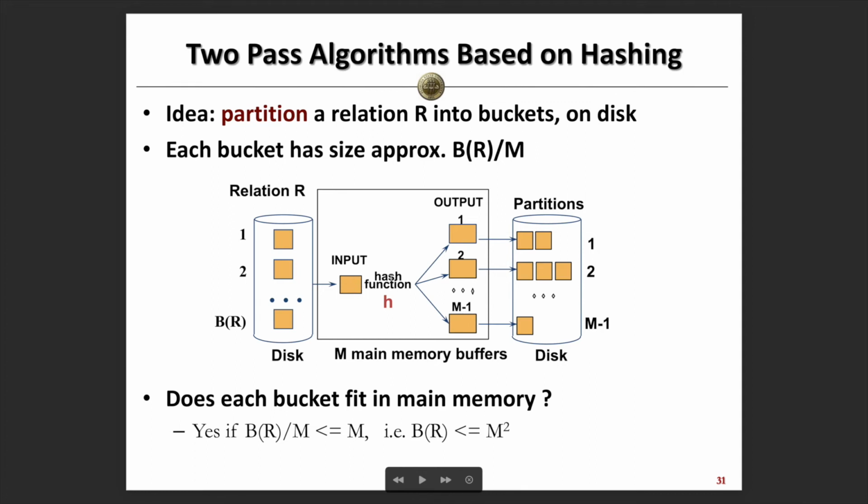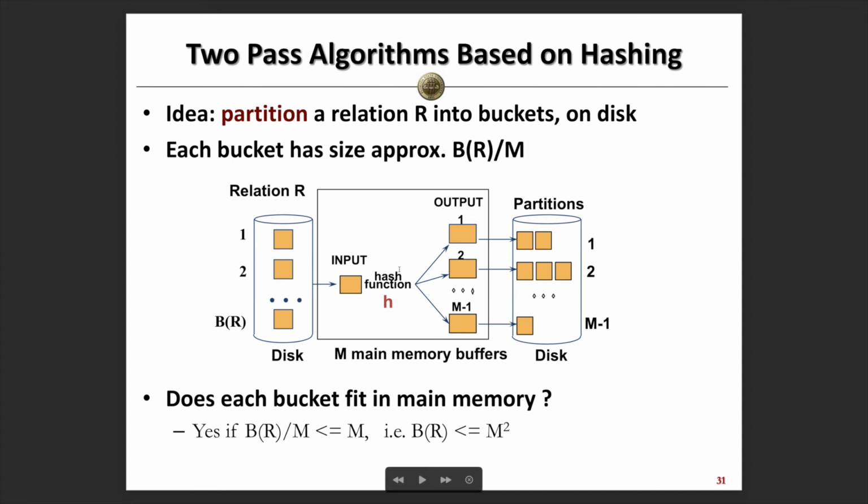So therefore, we will consume M blocks in the memory. And we assign this input to a bucket according to our hash function, and then we can write this block to the bucket on the disk again. You can see we have one read and one write, right? And between them, we have to design this hash function very carefully according to our requirements. So this is the general idea for the hash function and all the hashing-based two-pass algorithms.